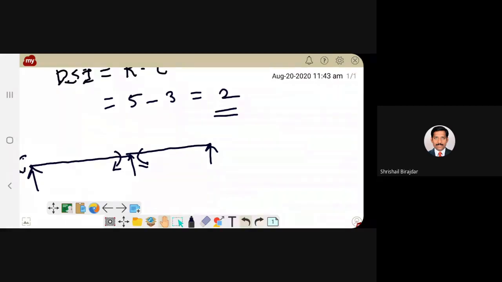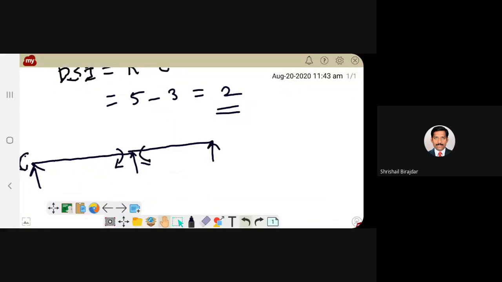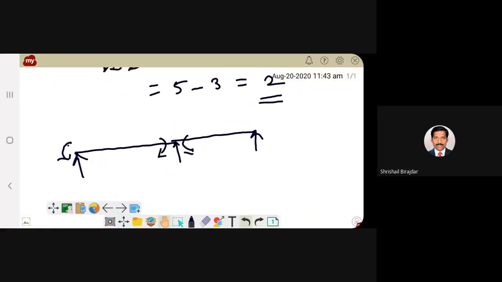If I want to make this particular beam statically determinate or simply supported, I remove the middle support, remove the fixity at end A, and introduce movement at the points A, B, and C.